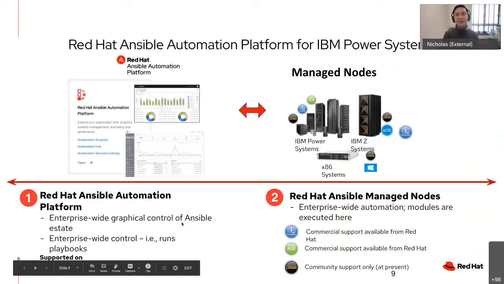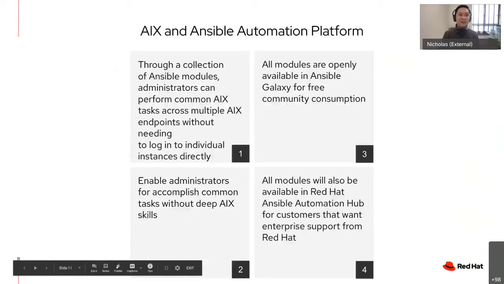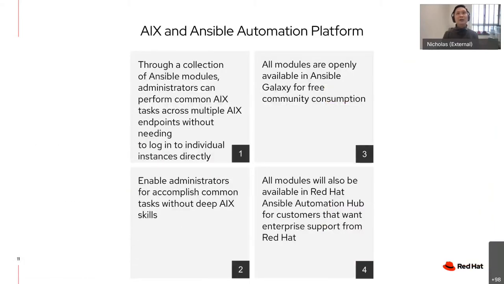I think this will just repeat what I've mentioned, right? There's a whole collection of common AIX tasks that you want to perform on endpoints. Many of these modules are already available on Ansible Automation Hub, and this is the place where you can find certified content from IBM, right?